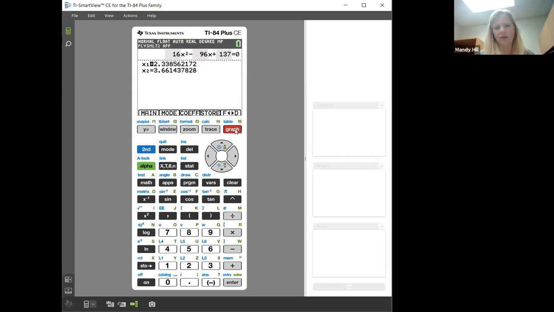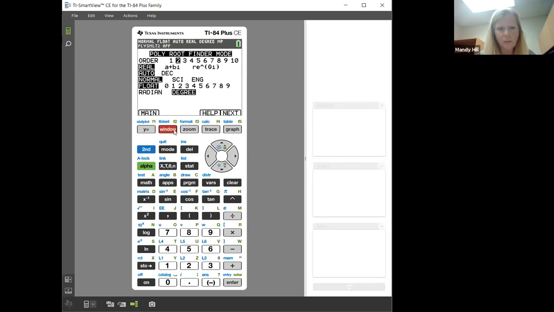So if you see this fraction to decimal, if we hit that again, hold on just a minute. And it might not function on this calculator. So we really want it to list it out. It's a real number, so we don't have to worry about that.